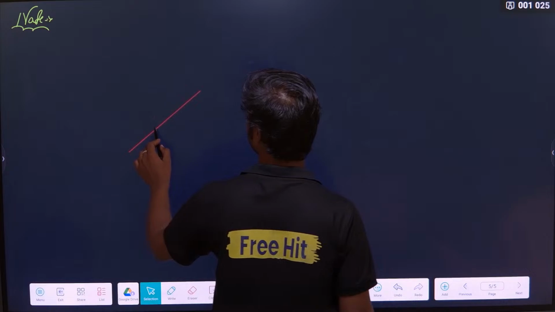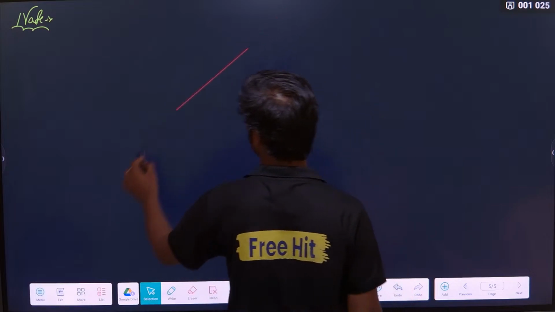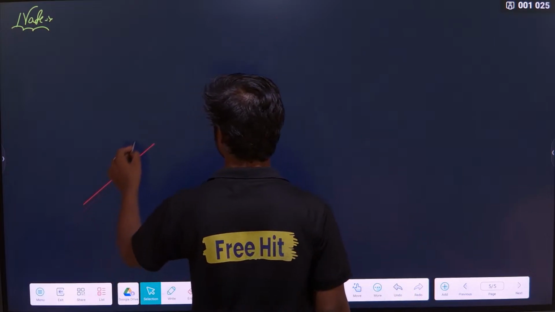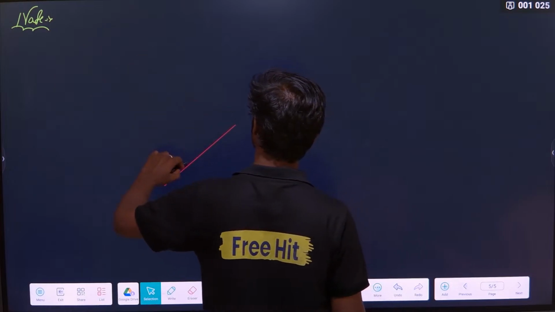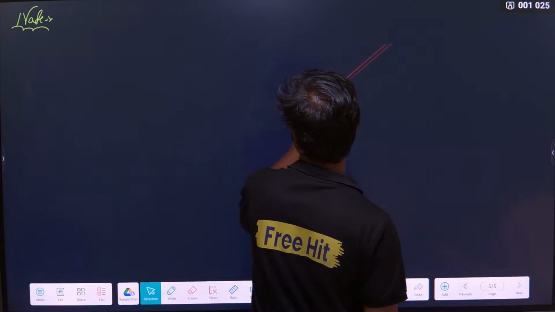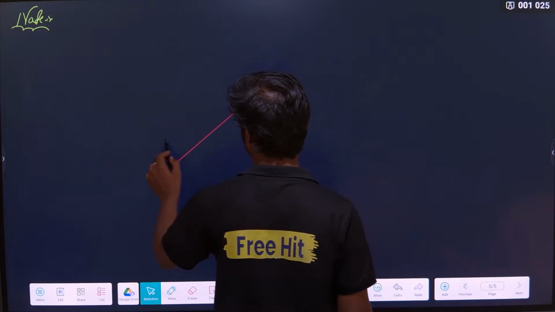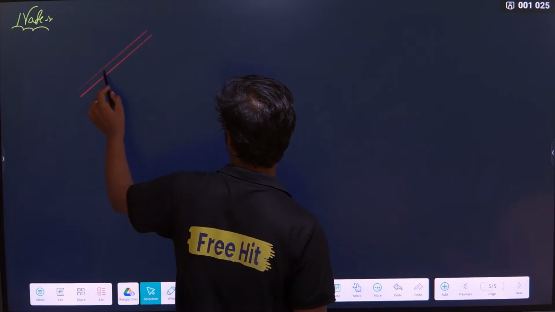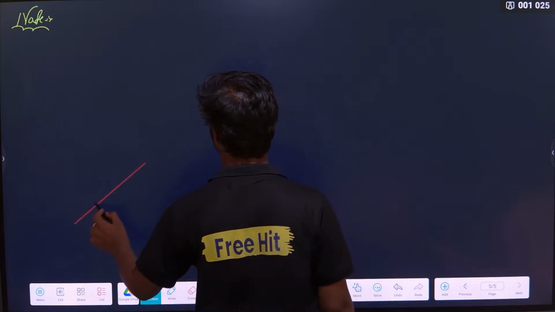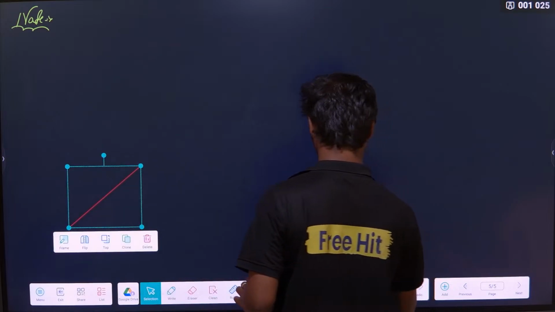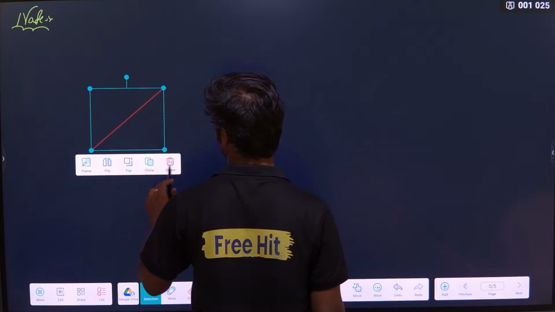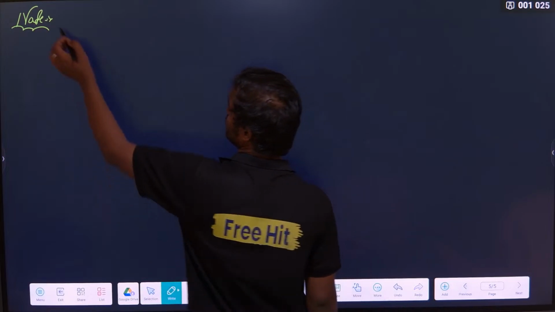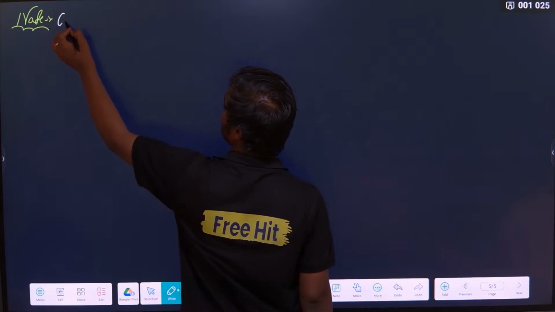I cannot do it like this. I can shift only parallelly. Parallel shifting is allowed. This vector won't change, so that is called parallel shifting.